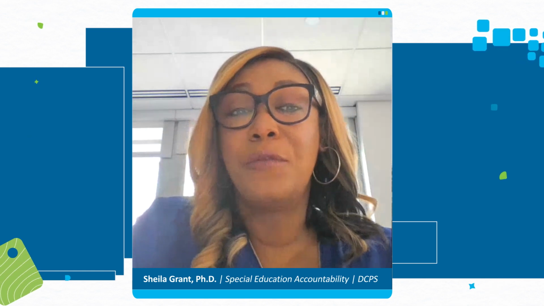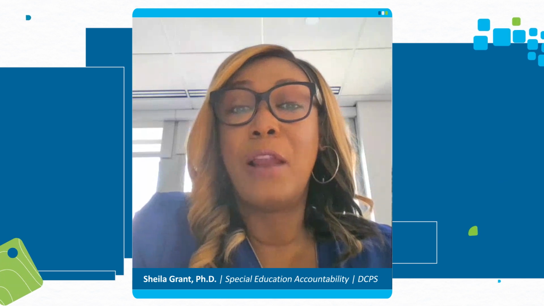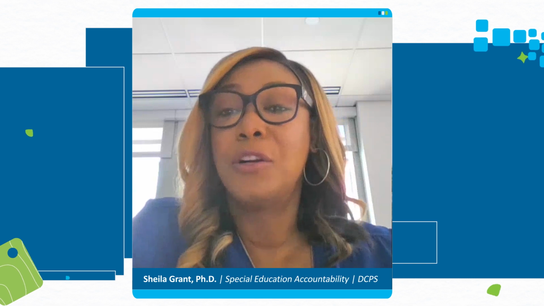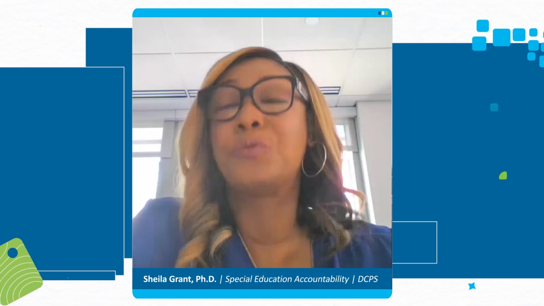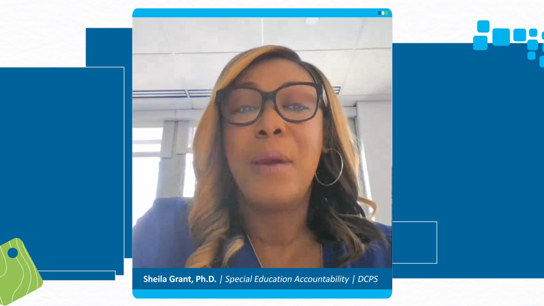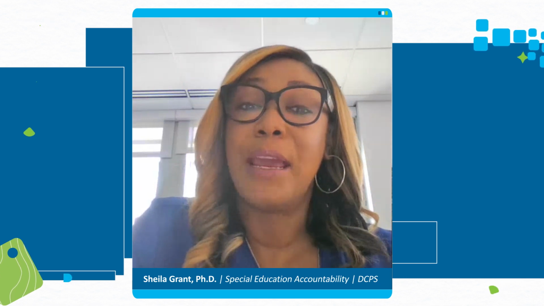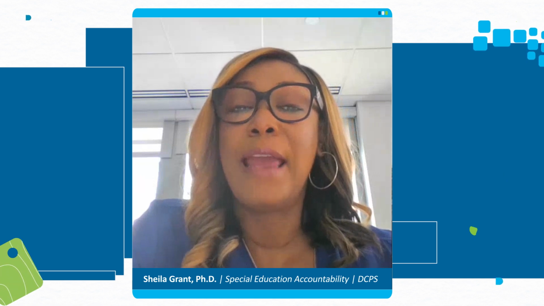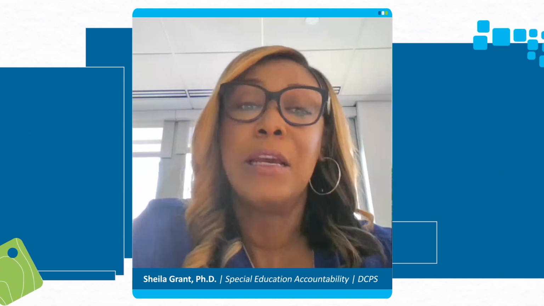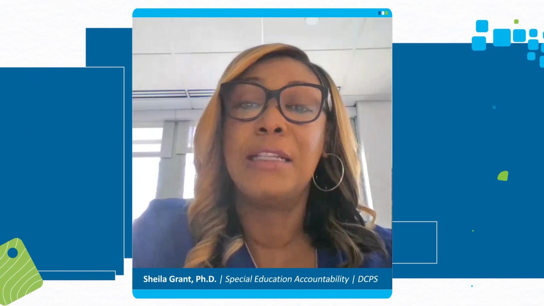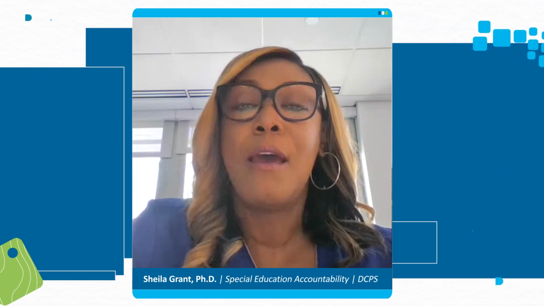On the basis of this review, determine whether the student qualifies for special education and or related services under IDEA, or Individuals with Disabilities Education Act. As the members of the IEP team prepare to make an eligibility determination, they must identify the disability category or categories to consider. Under IDEA, there are 13 disability categories.